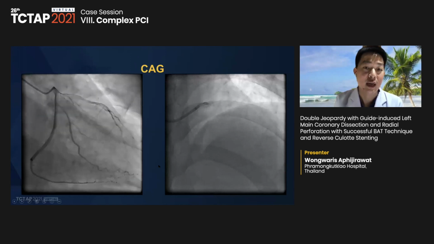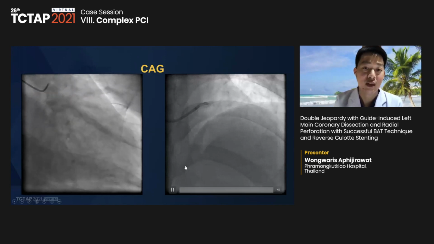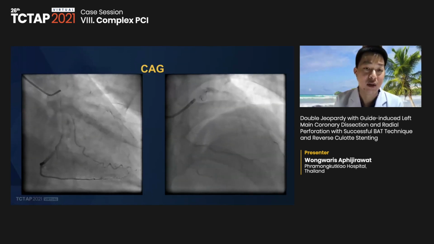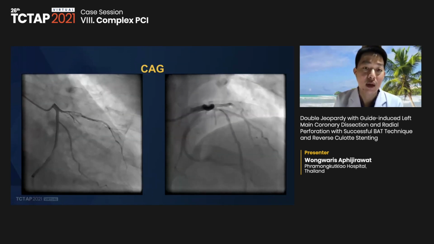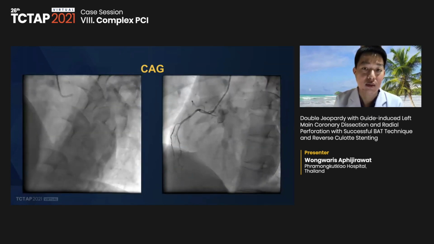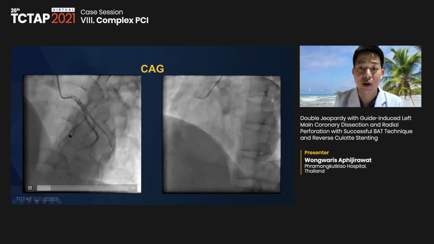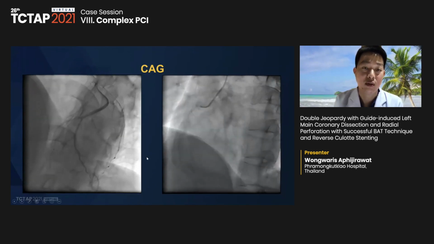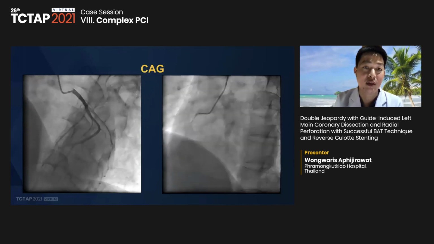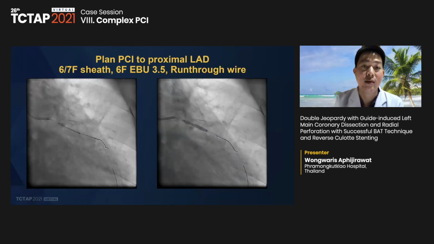You can see in the RAO caudal view a significant stenosis of the proximal LAD of about 70%. The right coronary is a small, non-dominant vessel. The left circumflex is the dominant vessel with no significant stenosis. So we planned to perform PCI to the proximal LAD using a sequence sheet.